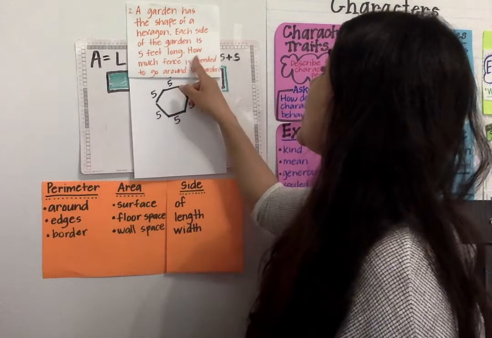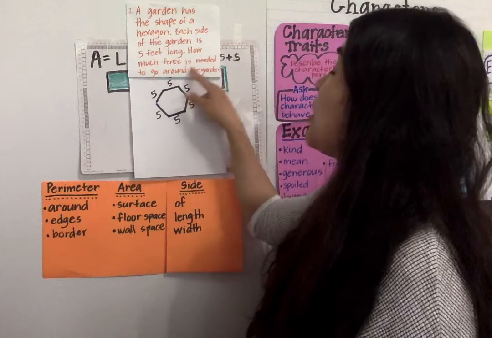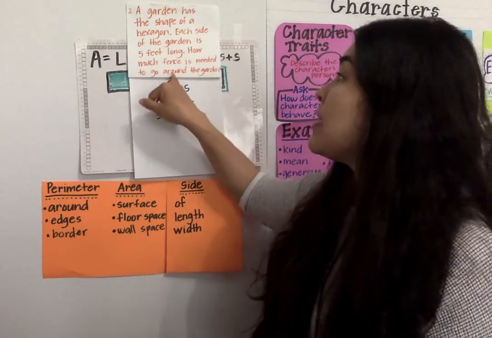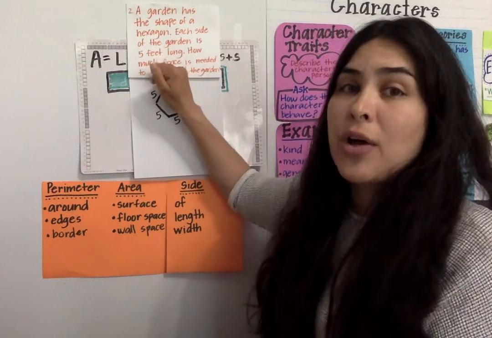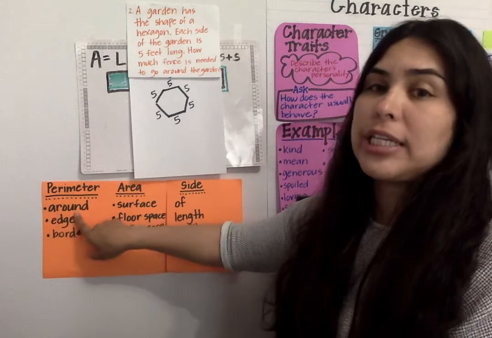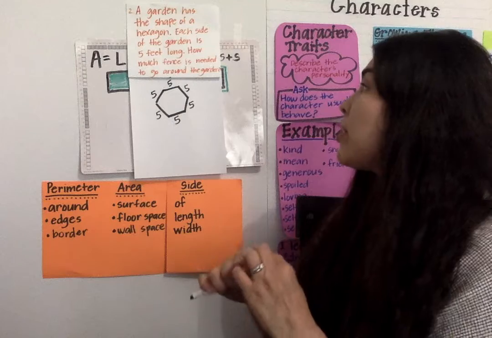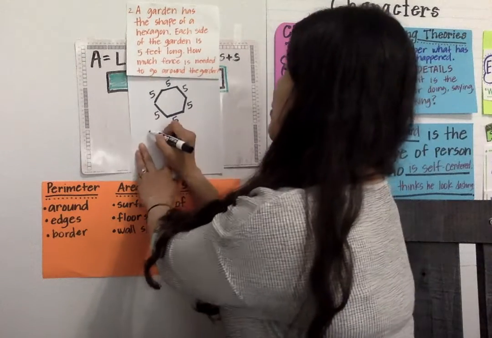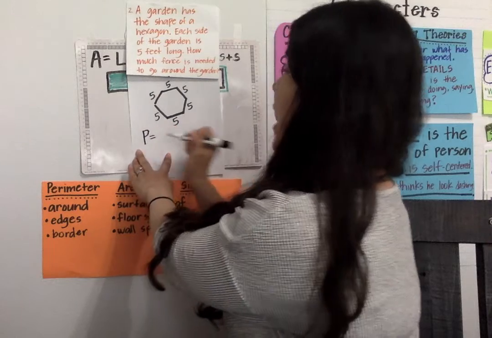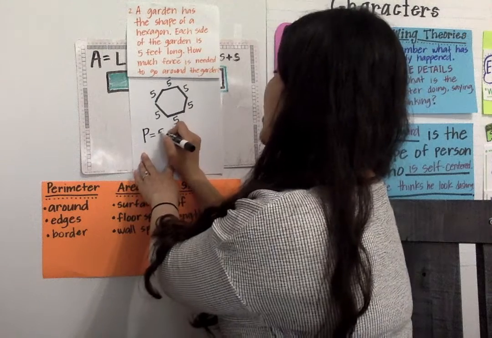Now the question says, how much fence is needed to go around the garden? Okay, so when I read this, the word around sticks out to me, right? When I look at my list of words, I have around here under perimeter. So I am going to use the formula for perimeter. What I have to do is just add my sides, right? So I need to add all the sides, 5, 6 times.